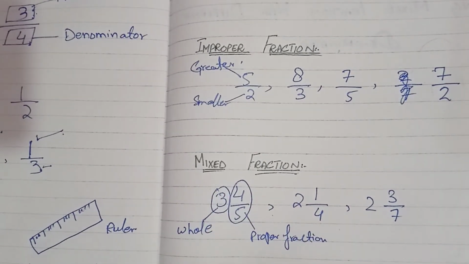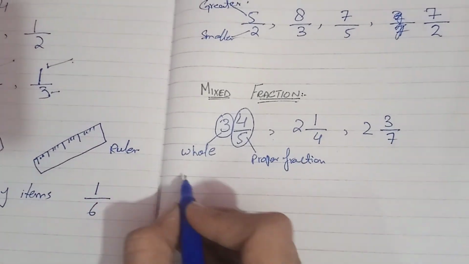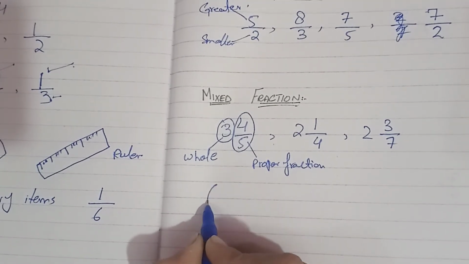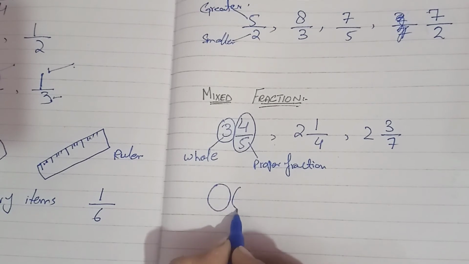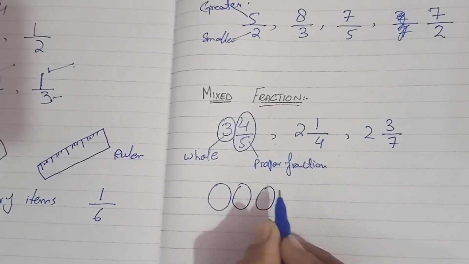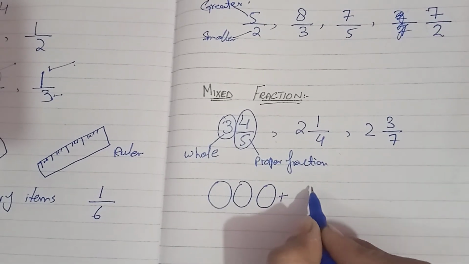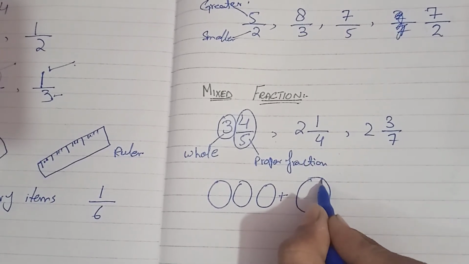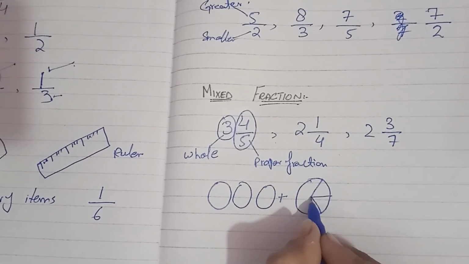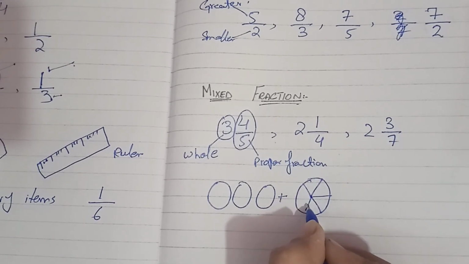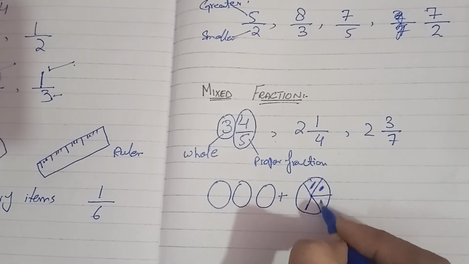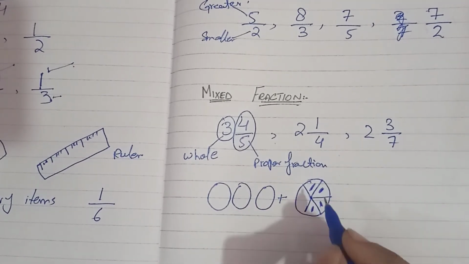How can we show that in a picture? In a picture, like you have three full pizzas, which means three whole pizzas, plus you have one pizza divided into five parts, and out of five parts you have four only.